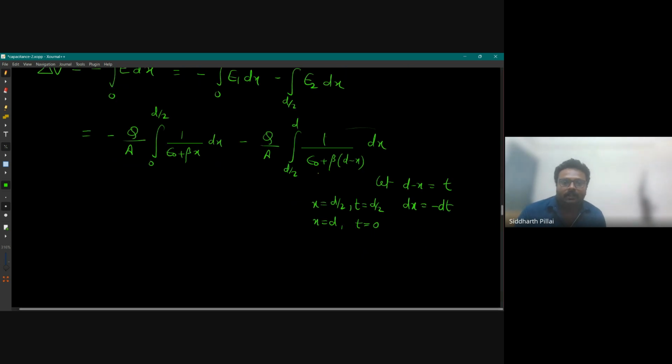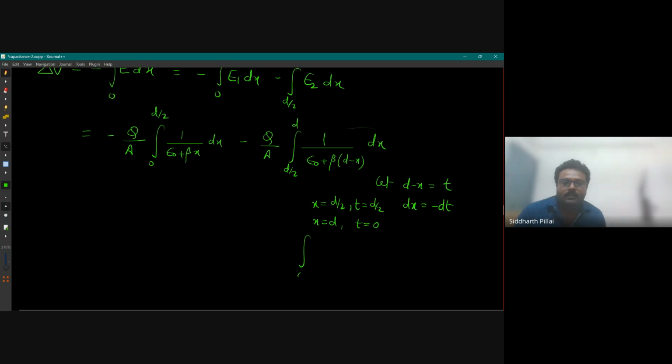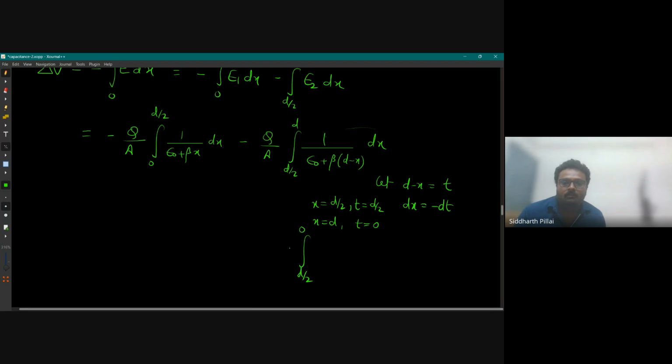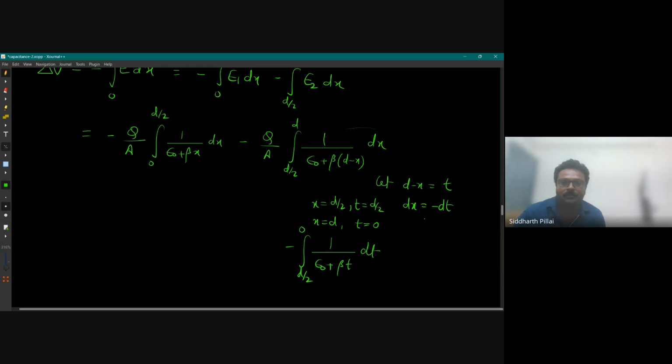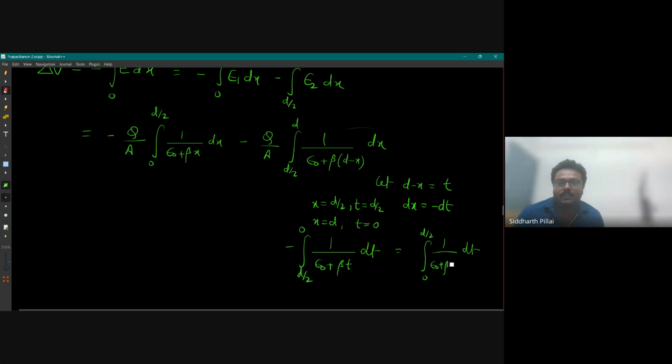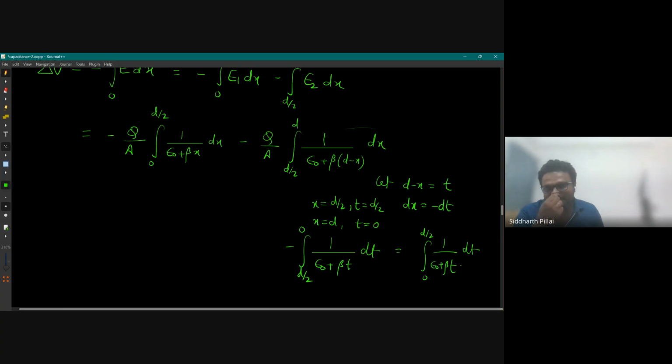So this second integral becomes D by 2 to 0 of minus 1 by epsilon naught plus beta t dt. The minus comes from this minus dt. If I flip the limits, I basically get 0 to D by 2 of 1 by epsilon naught plus beta t dt. Correct? But this t is a dummy variable, right? I'm integrating over that variable.